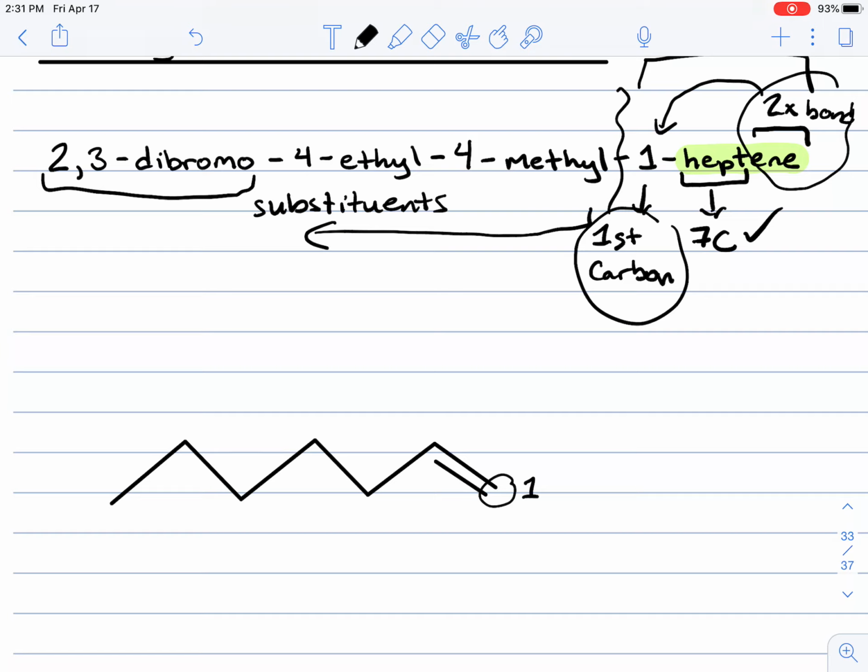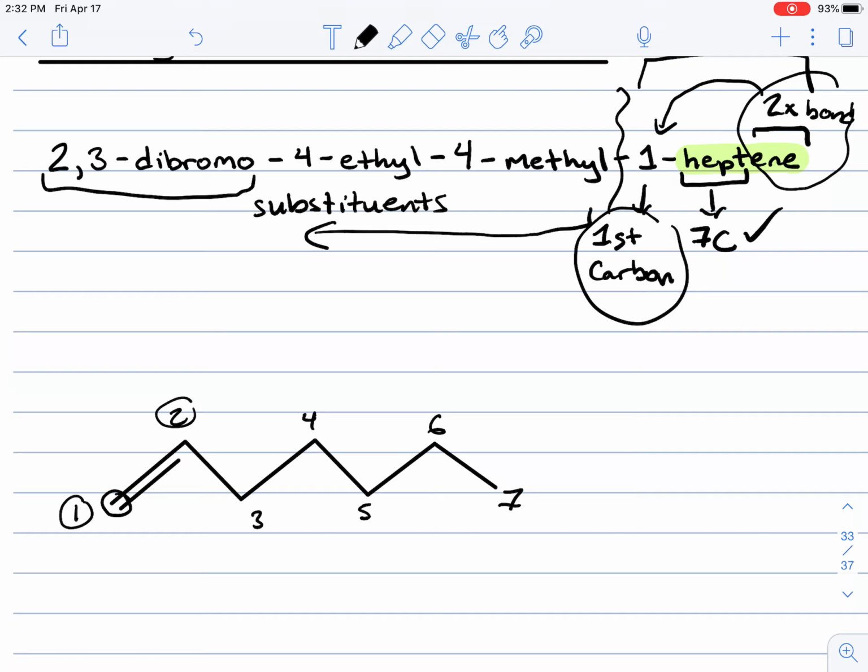But you just have to make sure that you can't say this is 2. This has to be 2 if you are going from the right to the left. So just be consistent in the numbering of your carbons. If I am arbitrarily assigning this carbon on the left as carbon number 1, then this is carbon number 2, 3, 4, 5, 6, and 7.